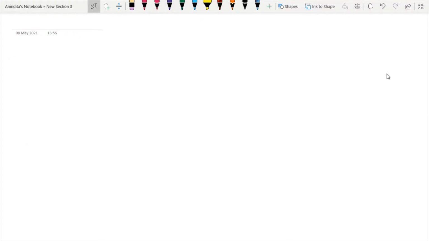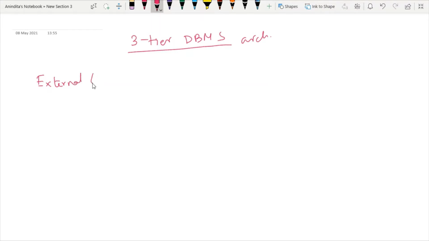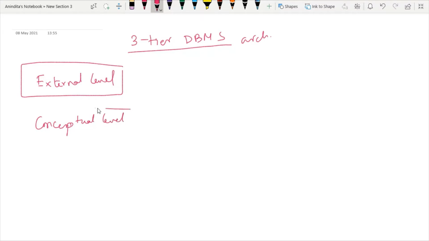Today we will learn the concept of DBMS architecture. If you have a database management system, what are the different kinds of layers that you will have? In the three-tier DBMS architecture block diagram, you will have one external level, then one conceptual level, and then one physical level.